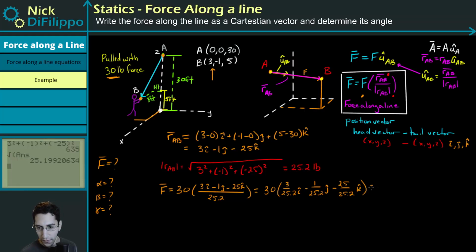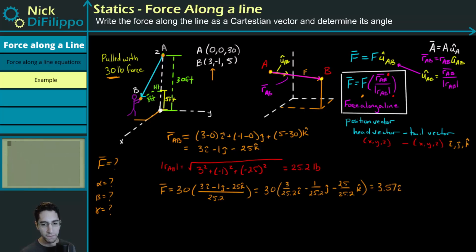Now, the last thing we need to do, we need to actually perform this calculation. So to perform this calculation, I need to do it for the i, for the j, and for the k term. So I'm going to have 3 divided by 25.2 times 30. So this is 3.57 i.